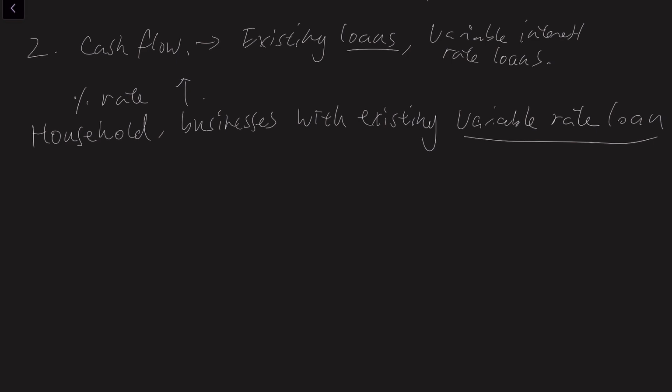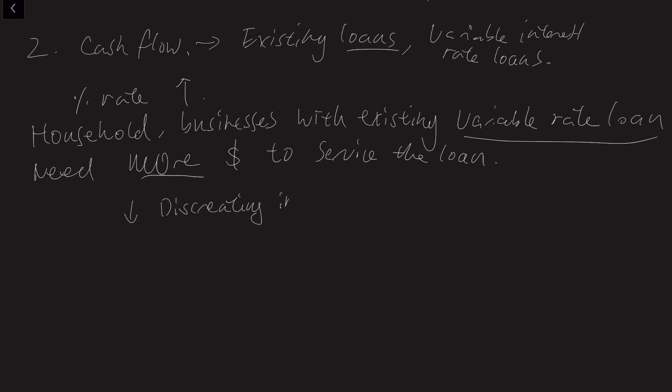Only a variable interest rate loan, which changes with the interest rate, would be affected by the cash flow channel. They need more money to service the loan, and hence discretionary income decreases. Note, this is not disposable income, it's discretionary income, because discretionary income is income after tax and after paying the mortgage, and cash flow decreases.